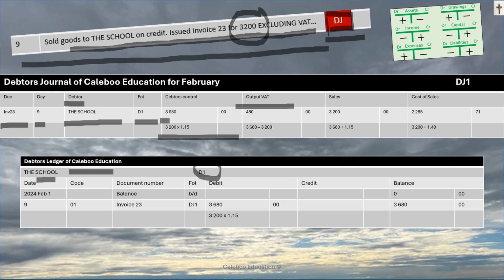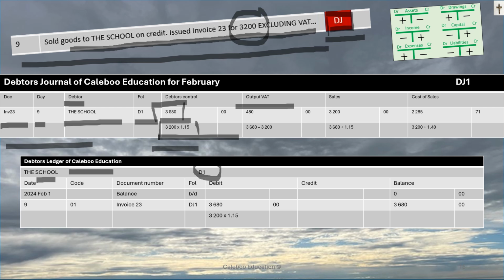So we need to include in the sales amount the VAT. So we say 3,200, and if I want to add the VAT, times by 1.15. I'm not going to explain the VAT, they're in the VAT videos. That gives us 3,680. Now all the credit sales are recorded in the debtor's journal.